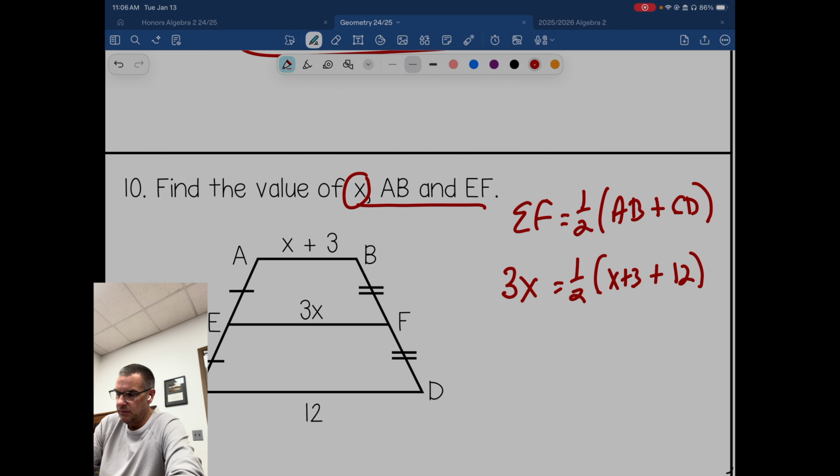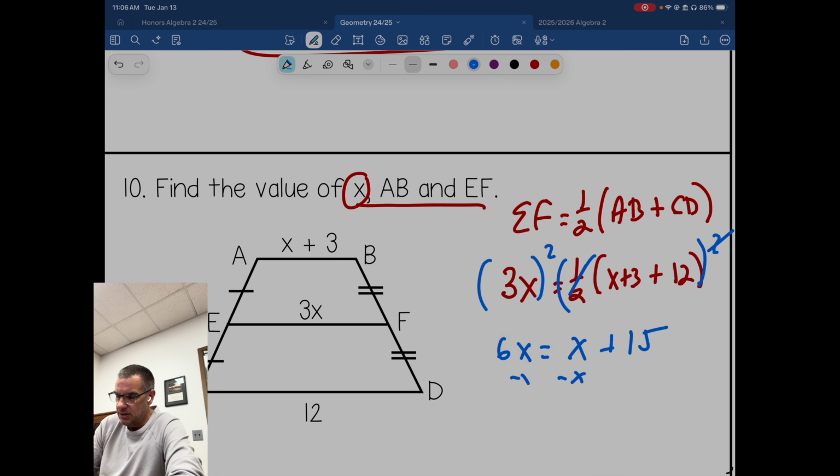CD is just 12. I'm going to solve just like we did the last one. Multiply both sides by 2. 2 times 3x is 6x. 2 times 1/2 is just 1. So that leaves me with x plus 15. Subtract x. 5x equals 15. X is equal to 3.